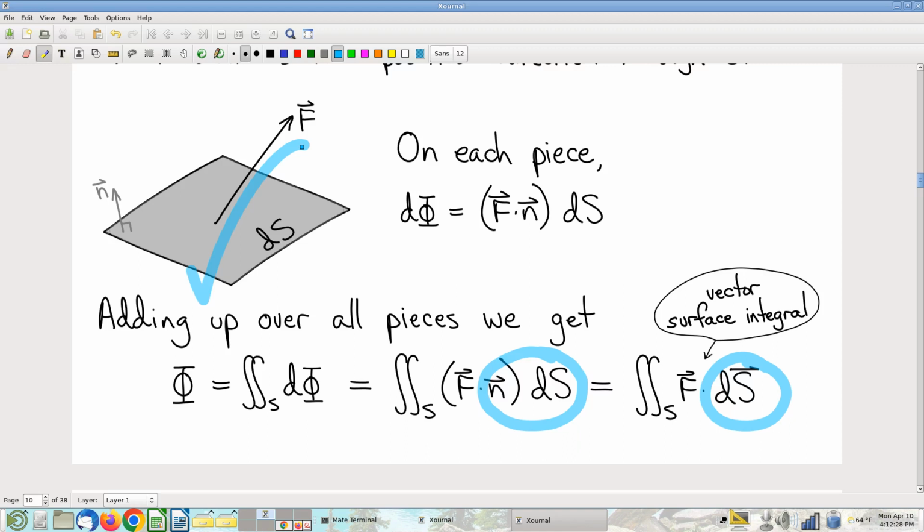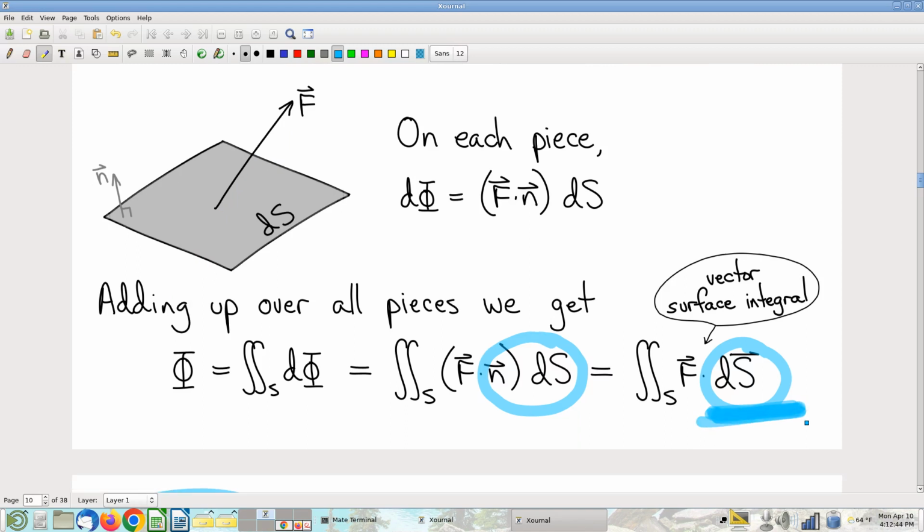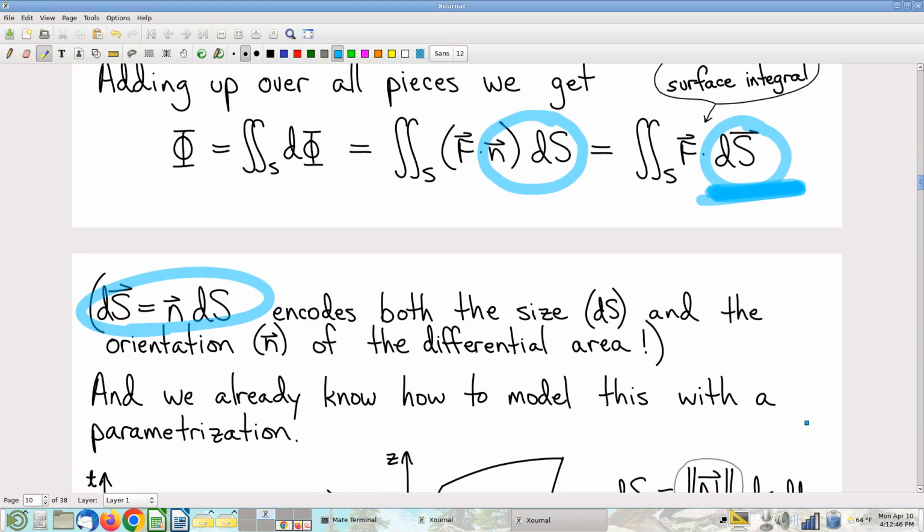By its direction, the little n vector, it tells me the orientation of this piece of surface. Again, exactly analogous to the dx vector. So this thing is deserving of having a name, if only because it's the surface area analog of the dx vector.